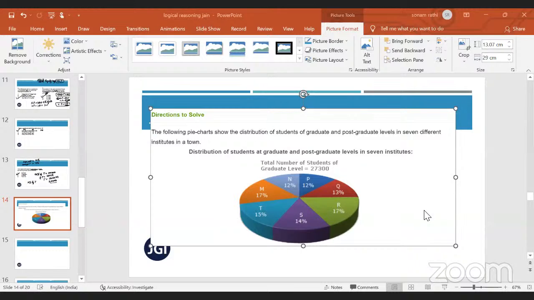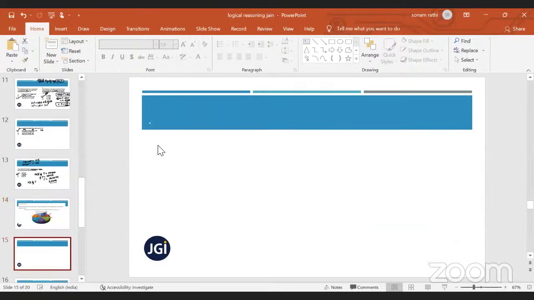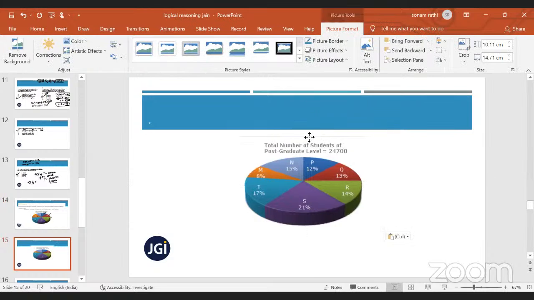The total number of graduate-level students is this much: P, Q, R, S, T, M, N. Now more data is given to you. This is for graduation. Now for postgraduation also some data is given. Let me write it down. This is for graduation, and this is for postgraduation.